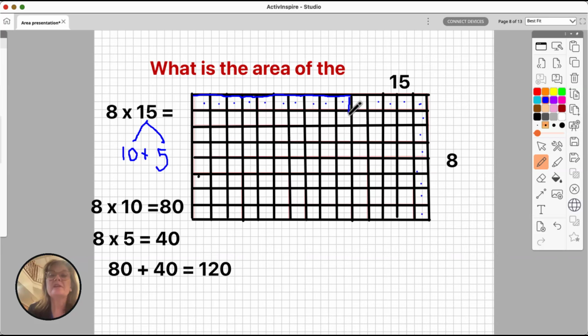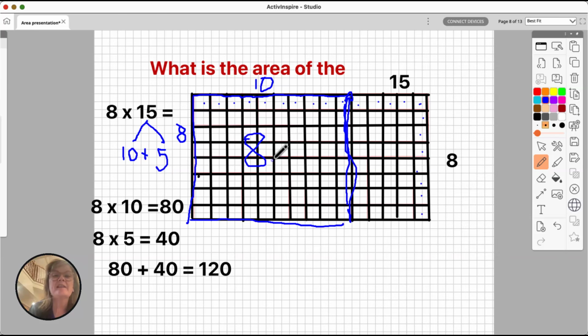Okay, so if we draw a line down here, like this, and we start with right here, this would be our first rectangle. And our first rectangle would be 8 by 10, which has an area of 80.